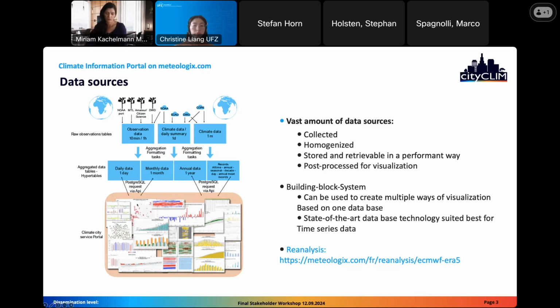And then we also included other kinds of data sources that show climate developments.